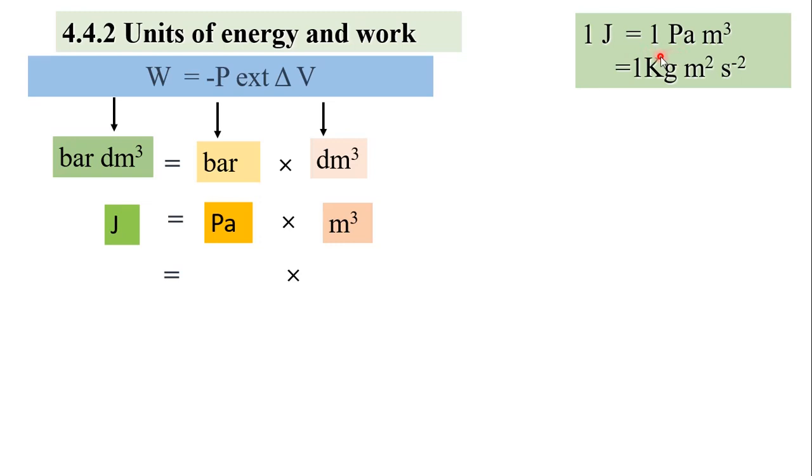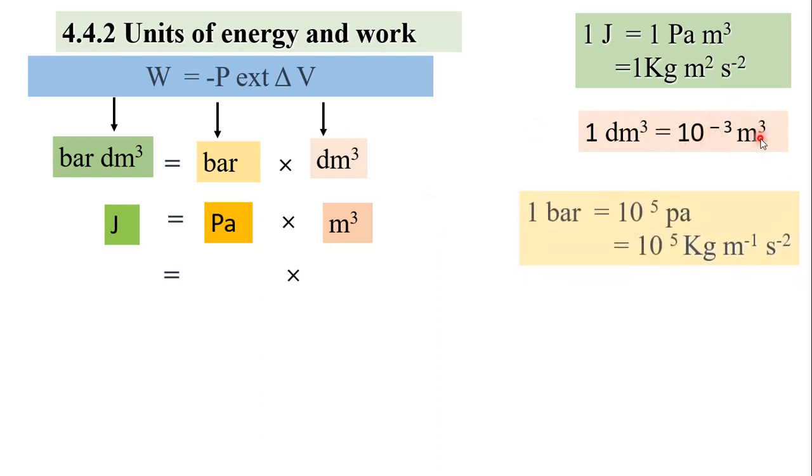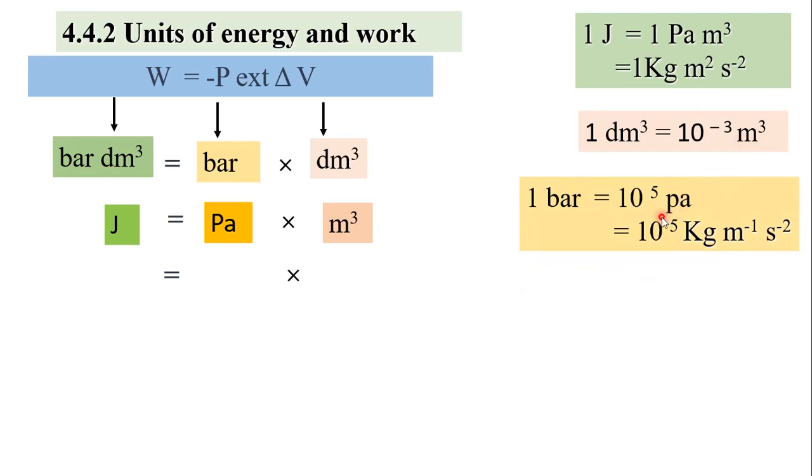Remember this point, it is very important: 1 joule is equal to 1 Pascal meter cube, that is equal to 1 kg meter square per second square. 1 dm cube is equal to 10 raised to minus 3 meter cube, and 1 bar is equal to 10 raised to 5 Pascal, that is equal to 10 raised to 5 kg per meter per second square.